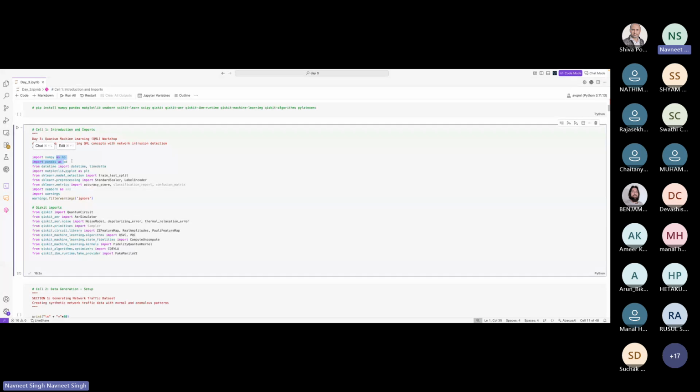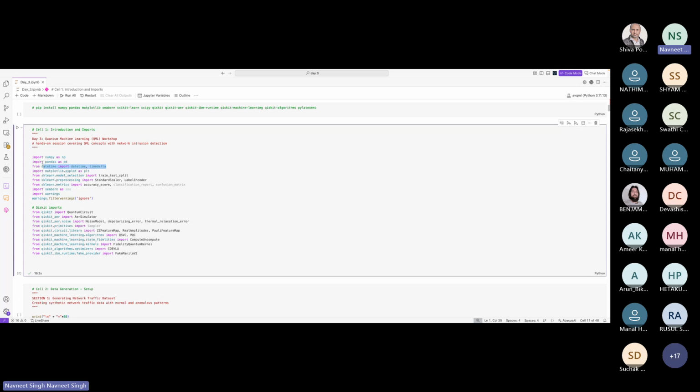These are our classical Python libraries for linear algebra and random numbers. Pandas we use for the data frame. Basically, these two libraries are used in this code for data set generation.